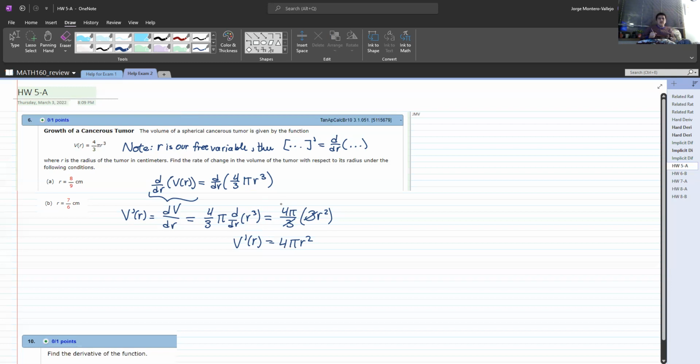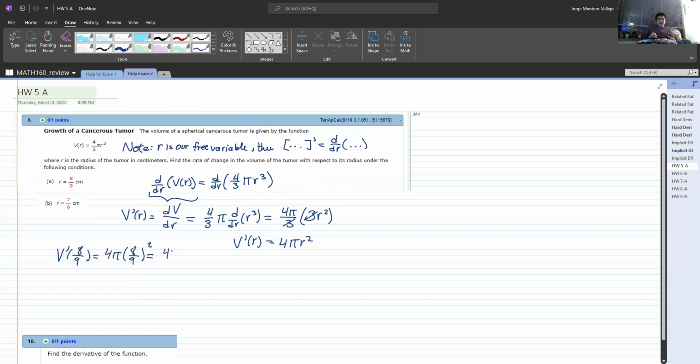They want us to find that rate of change for specific radii, 8/9 of a centimeter and then 7/6 of a centimeter. So for A and B, we just need to plug in those values for R. We need to do V prime of 8/9, which is the same as 4 pi times 8/9 squared.